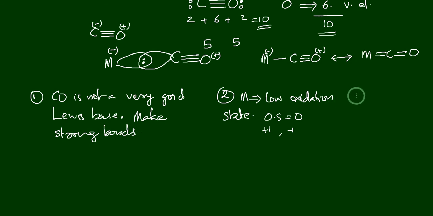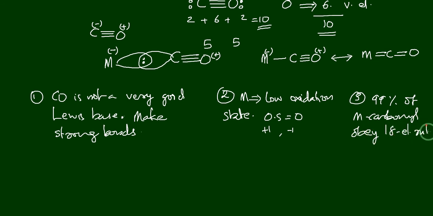And one more interesting fact about the metal carbonyls: 99 percent of metal carbonyls obey the 18 electron rule. So most of these metal carbonyls obey the 18 electron rule. These are the three interesting facts I have to mention at the beginning about the metal carbonyls.